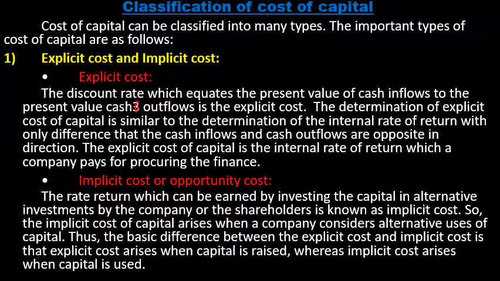Explicit cost is related to raising or borrowing of the fund, whereas implicit cost or opportunity cost is related to using of the fund. So that's one type of cost of capital, explicit cost and implicit cost.